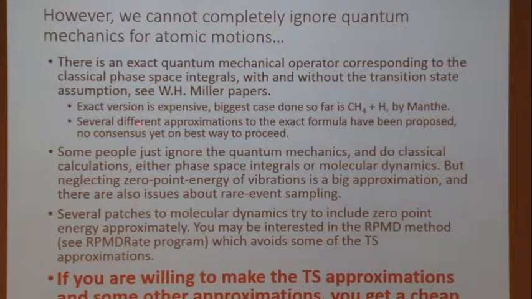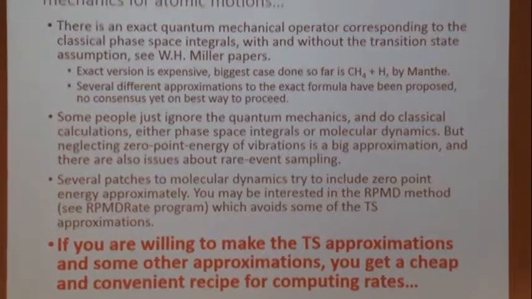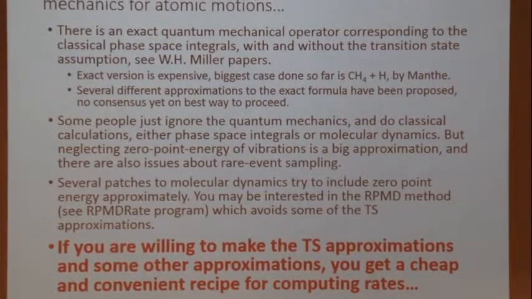The exact version of this is super expensive, and so the biggest one they did was a 5-atom case so far. There's a bunch of different approximate ways to go forward, but I would say that none of them have really been demonstrated to be that great. Or else the ones that have been pretty good have been super expensive. So it's really not solved.